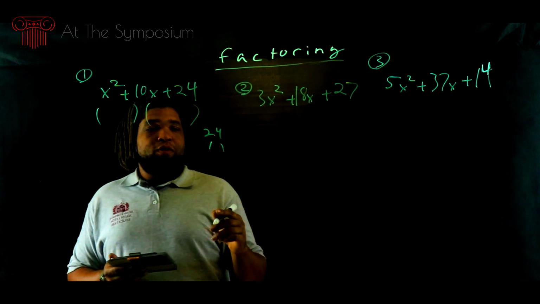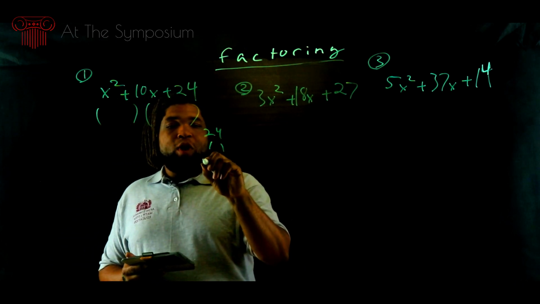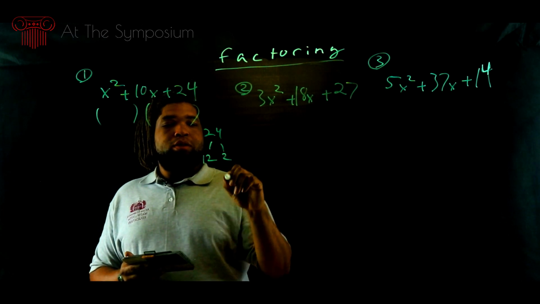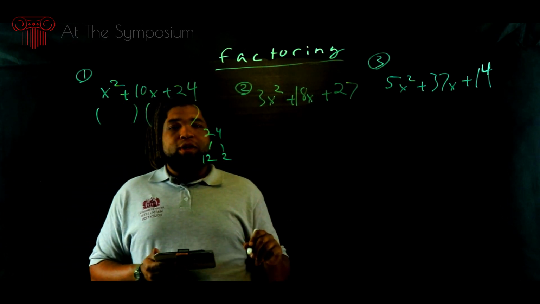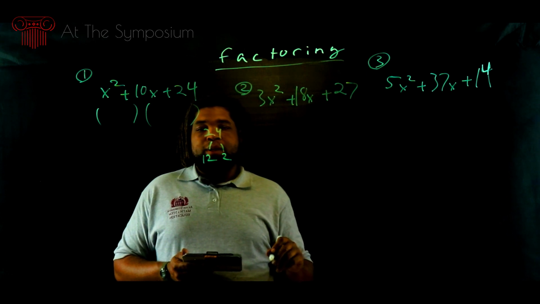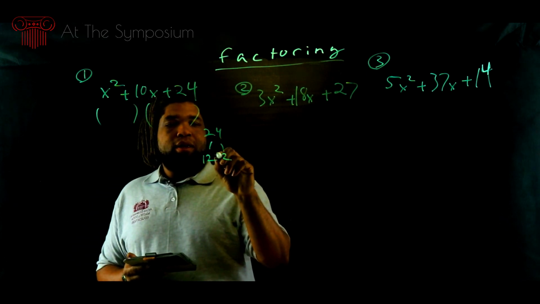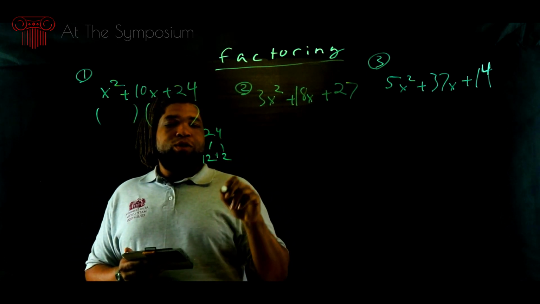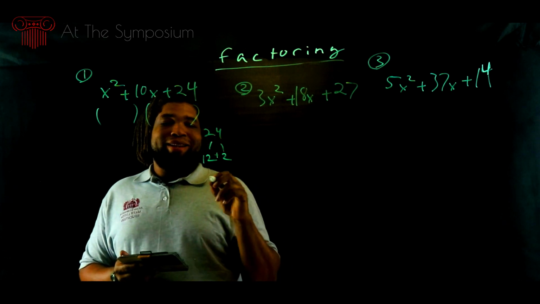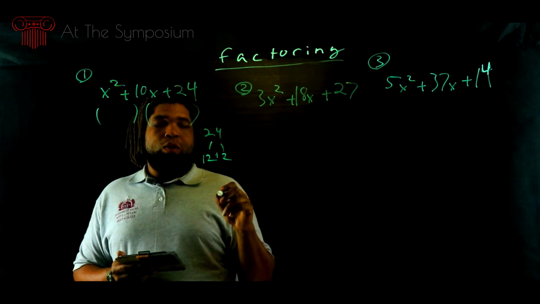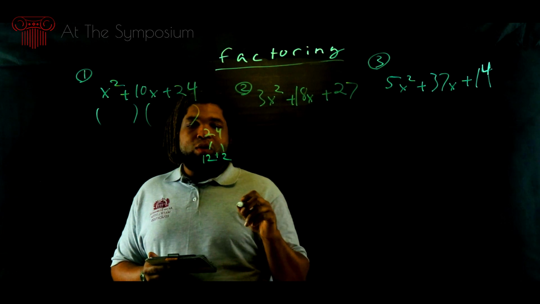So what goes into 24? Let's say 12 and 2. 12 and 2 go into 24. But if you add 12 and 2, you get 14 and not 10. So that's not going to work.